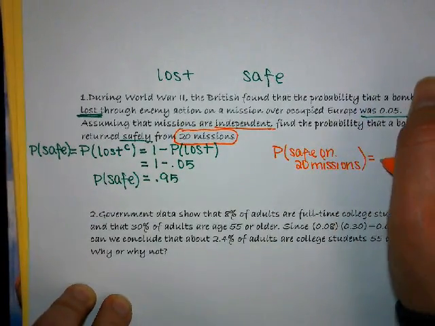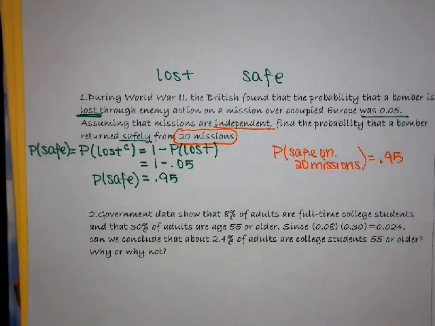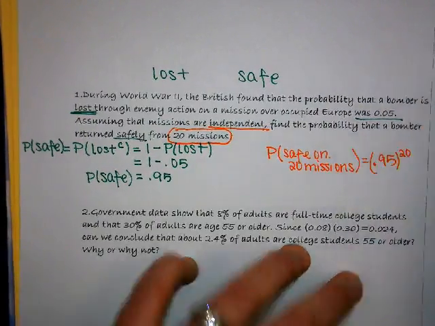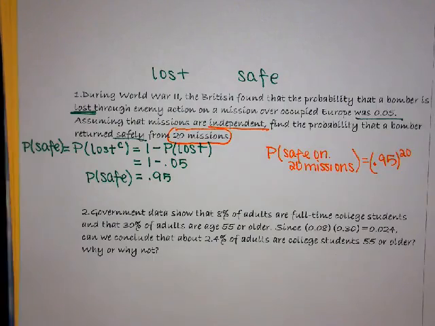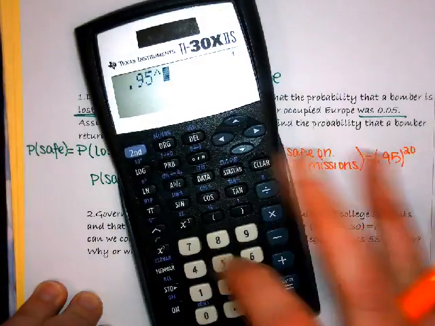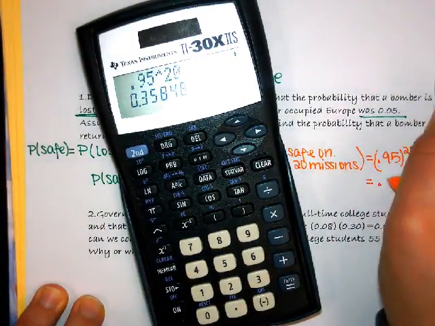So we're going to do 0.95 to the 20th power, which gives us 0.359, if I use a few extra numbers behind that 8 to round.